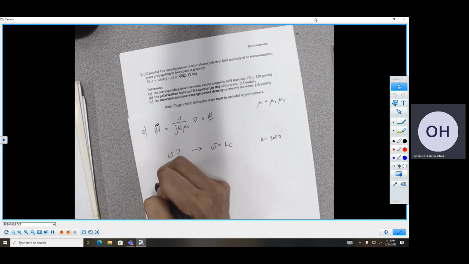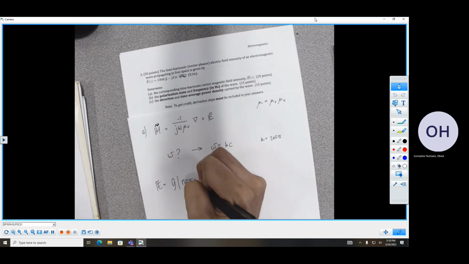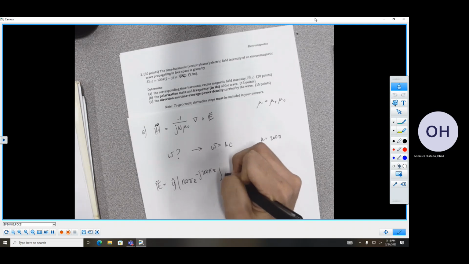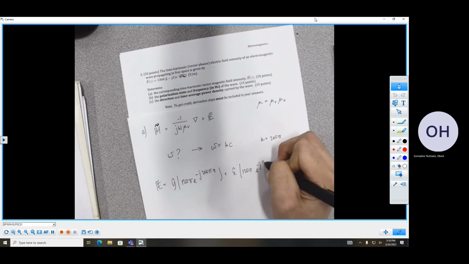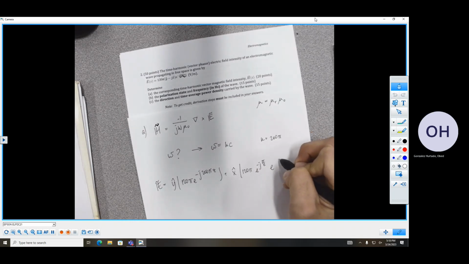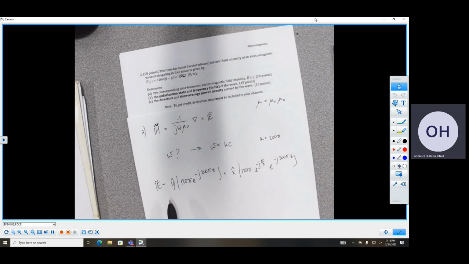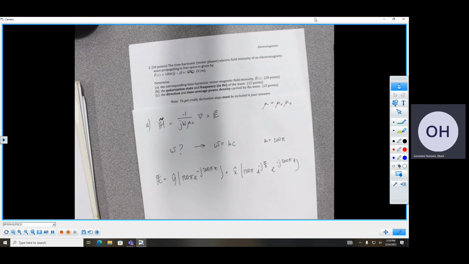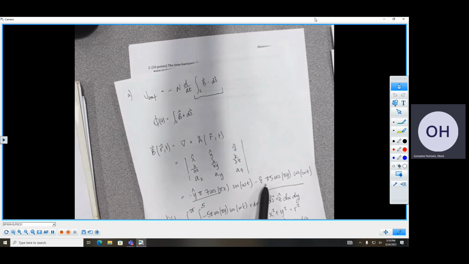So we can say this. We got this. We would plug it into the cross product, similar to the one before. Simple cross product. You end up with an answer.